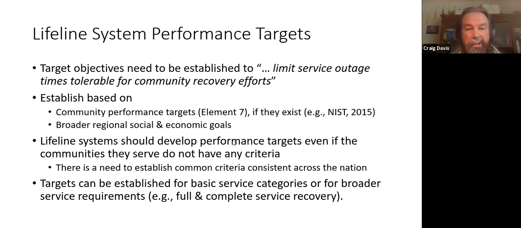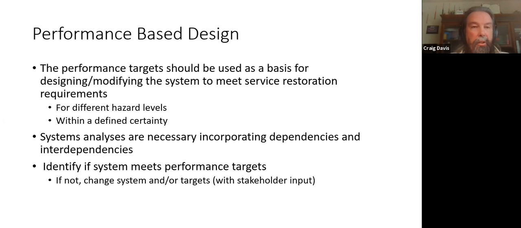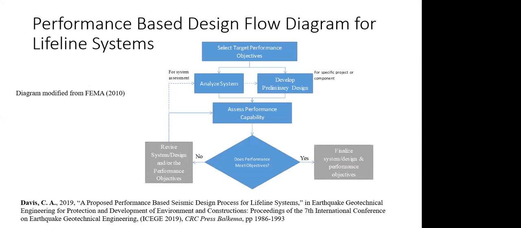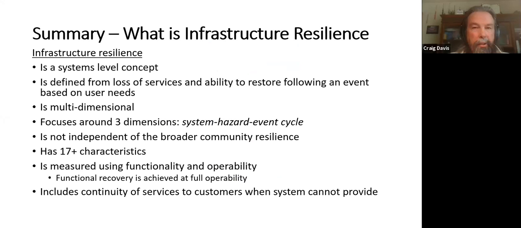The targets can be established for basic service categories or for broader resilience service requirements, meaning that you can simplify it and just look at full system recovery and full functionality. For the sake of time, I'm going to skip the rest of this on performance-based design. Just wanted to emphasize that we need performance targets and just move into the summary.